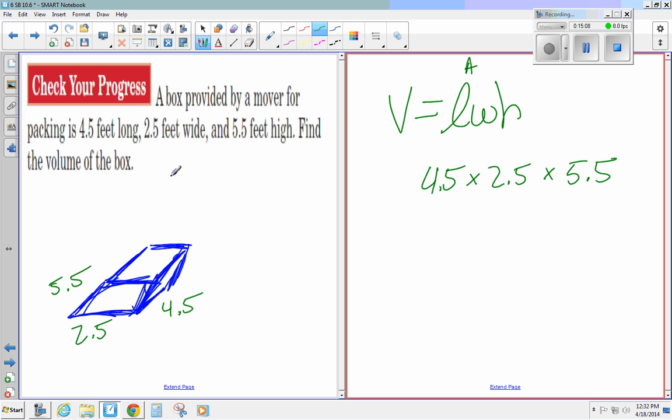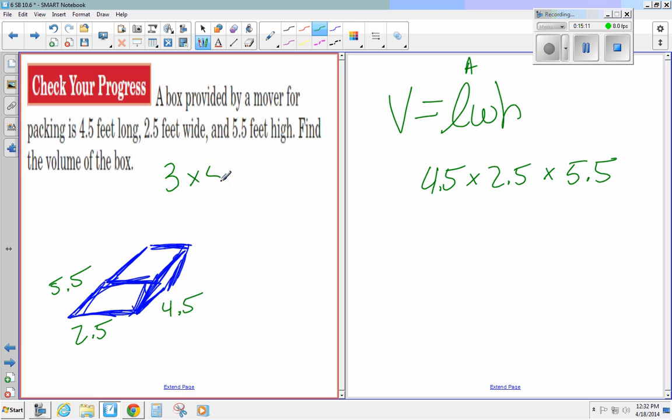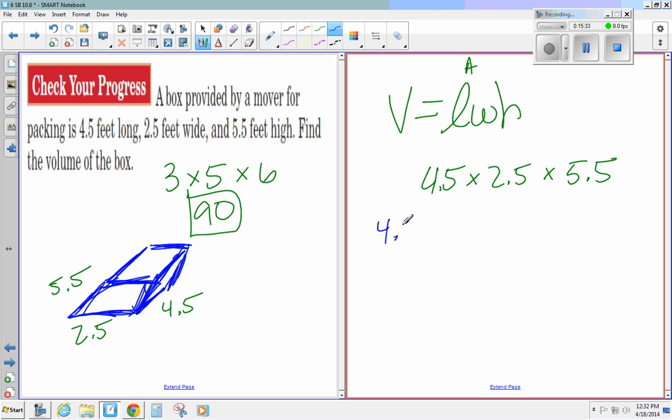And let's go ahead and estimate. Let's say 3 times 5 times 6. That's 30 times 3, so our answer should be 90. It'll be less than 90, but it should be close to 90, or in the ballpark.